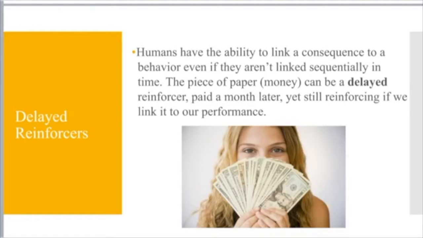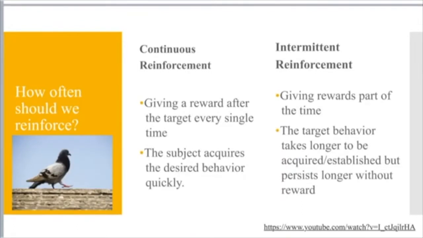It enables longer term goal setting. All of these things show that delayed reinforcers that don't really work for other creatures do in fact work for people. So with that, we're going to shift to look at schedules of reinforcement.